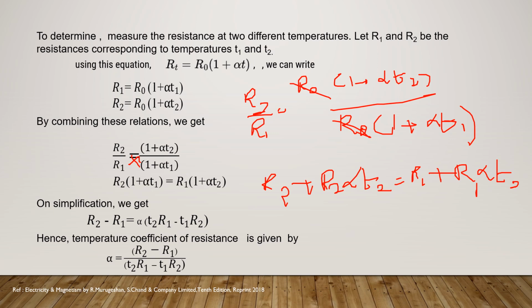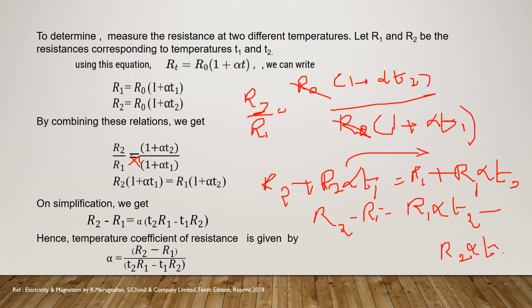Bringing R1 here, R2 minus R1 is equal to R1 alpha T2 minus R2 alpha T1.